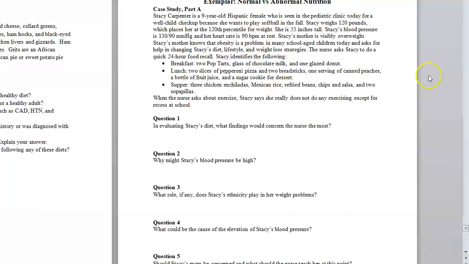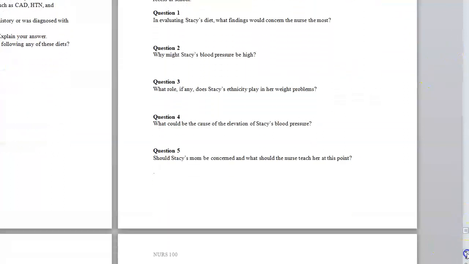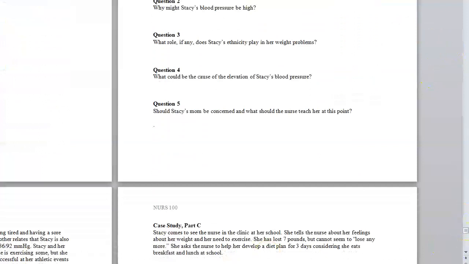All right, so let's go to the next question. Should Stacy's mom be concerned, and what should the nurse teach her at this point? She should be very concerned as a parent. Stacy is significantly overweight, and her diet is high in calories and very poor in nutrients, very much lacking the important things that she needs for good growth and development.